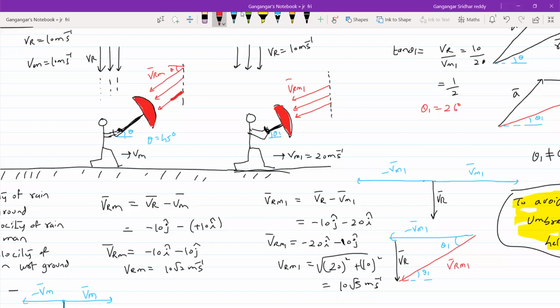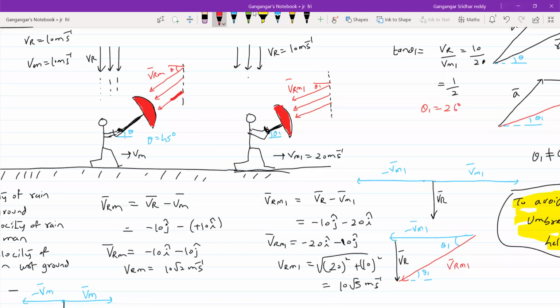So now this will be theta 1. Somebody asked, sir, vertically, definitely, I'm very sure, raindrops will come. No, the raindrops will come along the red color arrows only, provided the diameter of the dome is sufficient. So what should you do? He should orient his umbrella against VRM bar. That's all, finished.